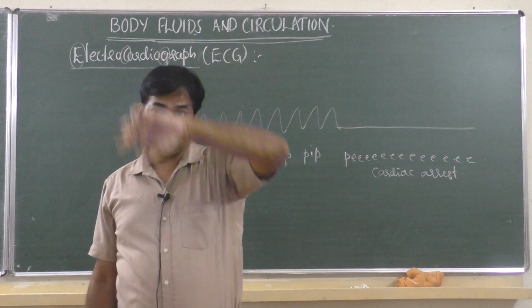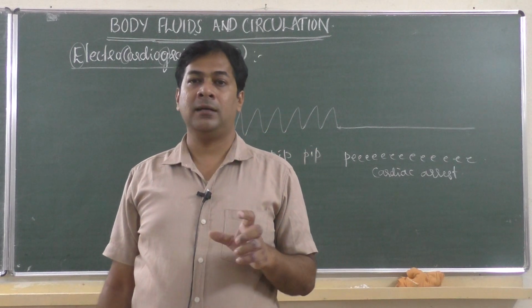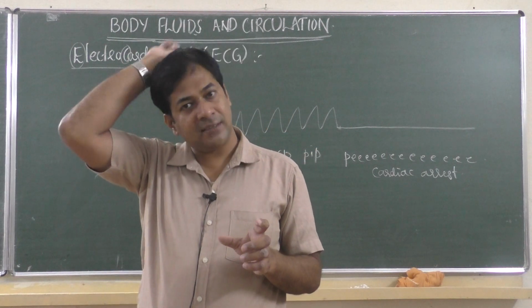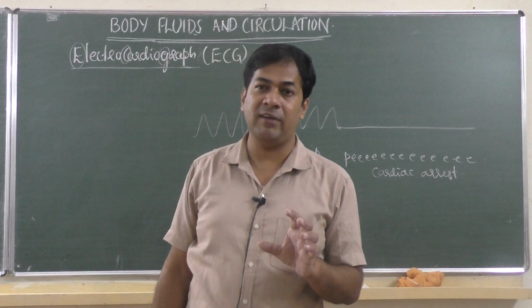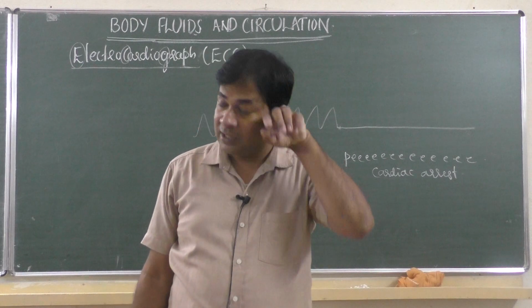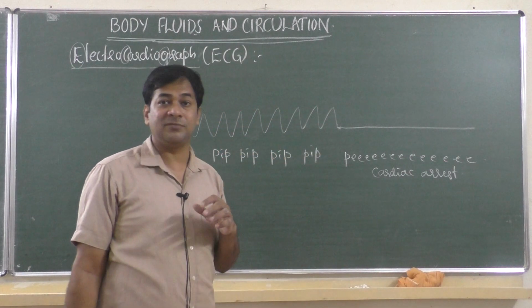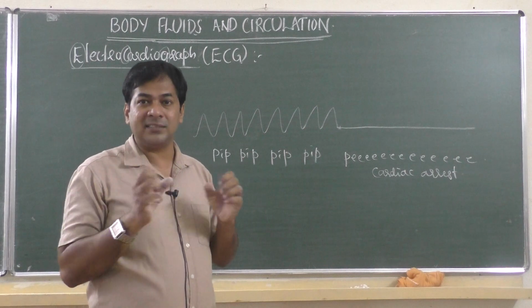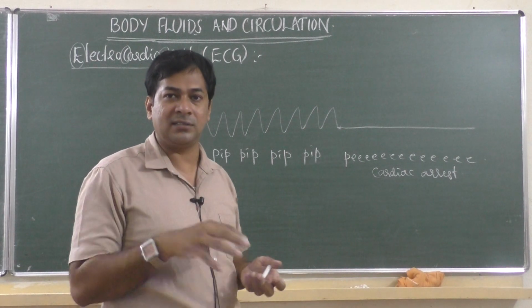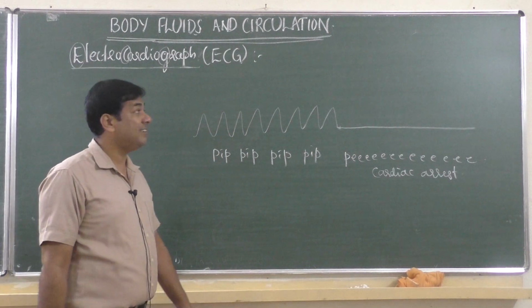That is why it is called electrical activity. Then in the ventricles, the AVN, that is the atrioventricular node or AV bundle, produces signals or action potentials. So those two, SAN and AVN, produce electrical signals for contraction and relaxation of the heart. That is what we call the electrical activity of the heart.